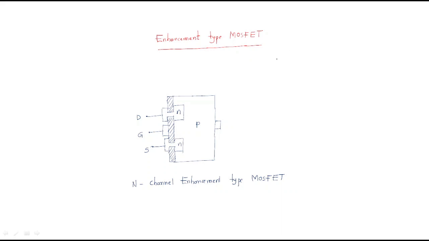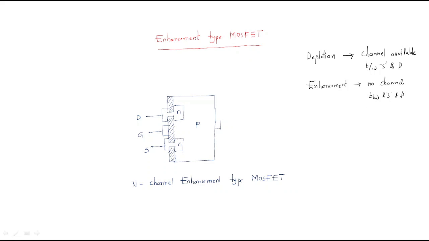Okay. So we have two types. One is depletion, where the channel is available between source and the drain, but in the case of enhancement, simply, there is no channel between source and drain, so the channel should be enhanced.